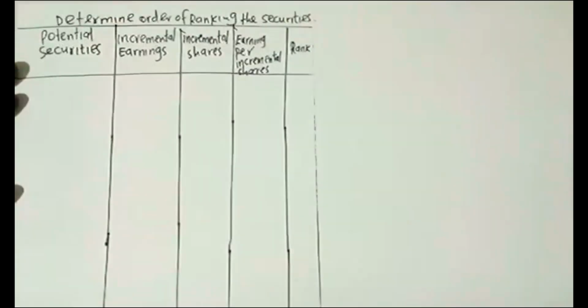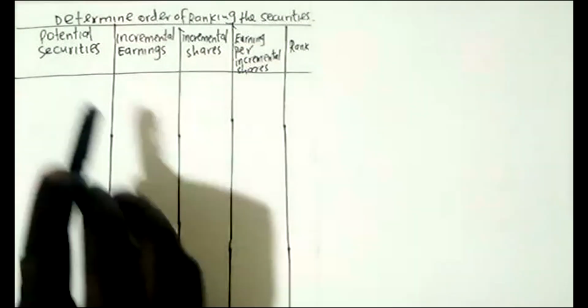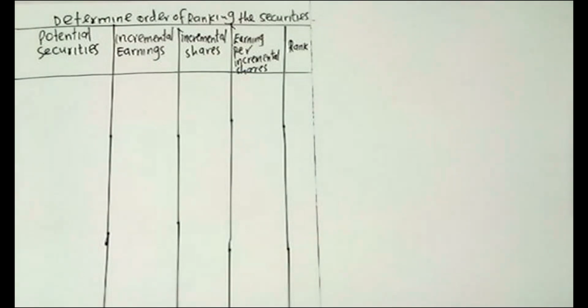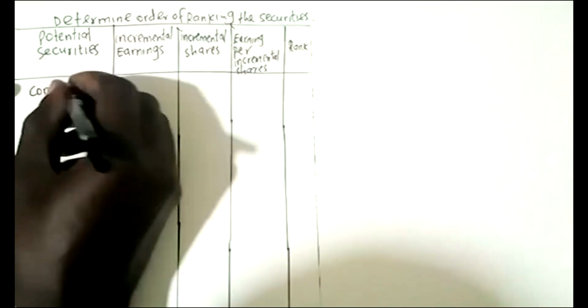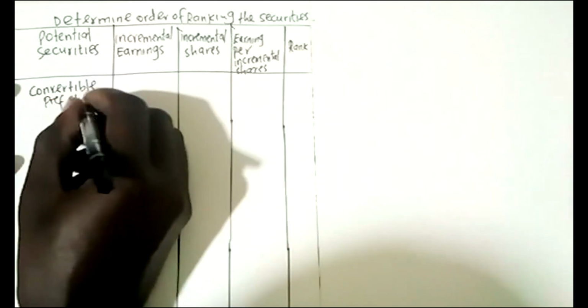So you rank the securities based on their effect on the basic earnings per share. So how do they affect the basic earnings per share? So I will be using potential securities. Remember that right now we have potential security number 1, convertible preference shares.